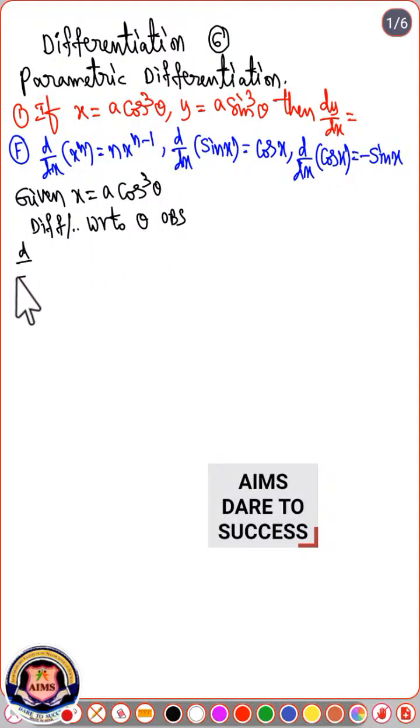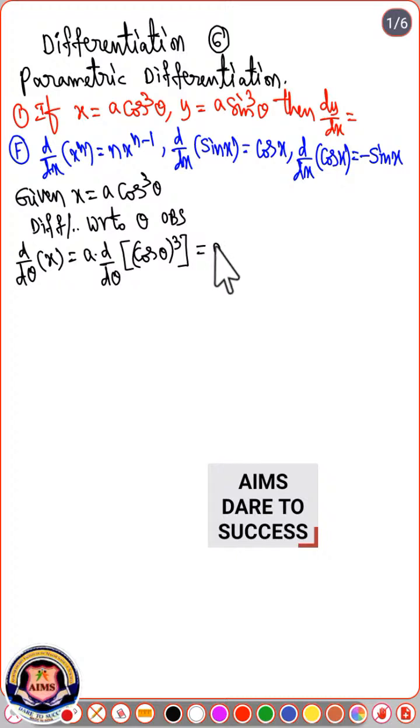So d by d theta of x is equal to a, a constant, and the coefficient of cos cube theta, so a into d by d theta of cos cube theta. This can be written as cos theta whole power 3. This is in the form of x power n, where n is 3 and x is cos theta, so 3 into cos theta whole power 3 minus 1, that is 2.